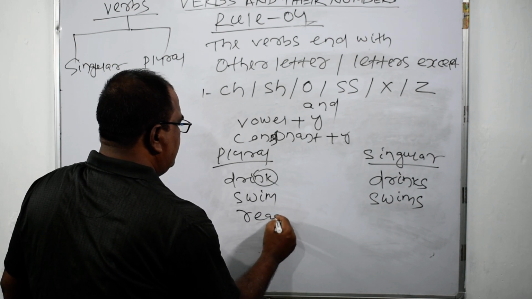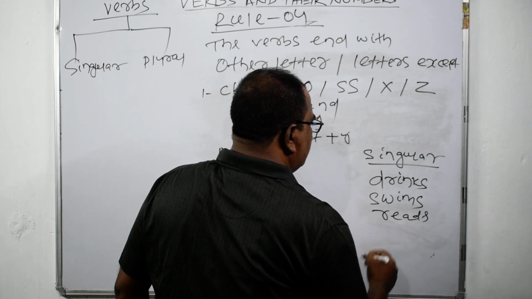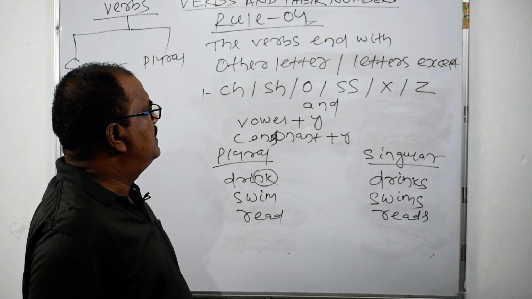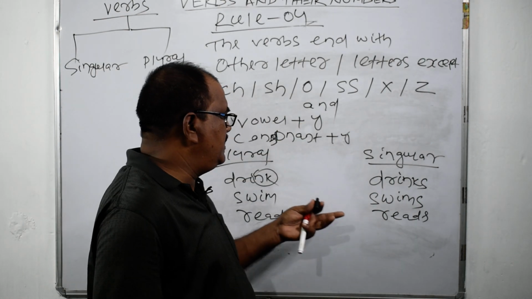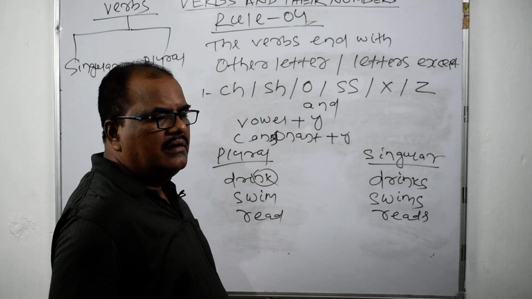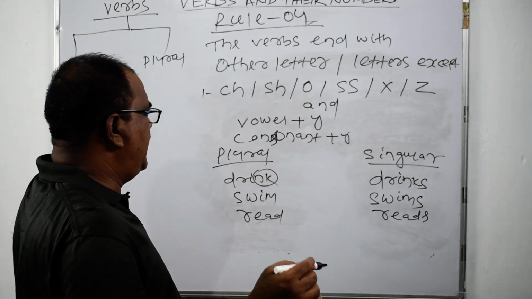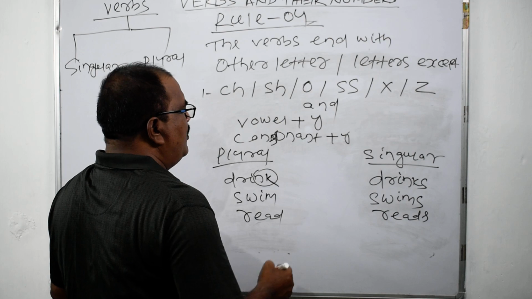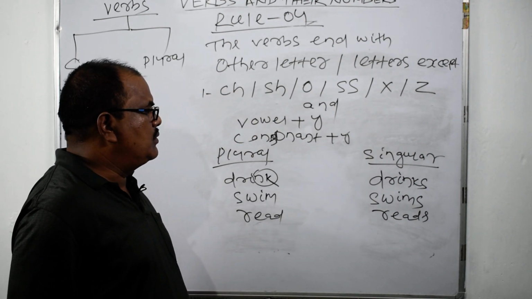Read. Its singular form is reads. It means except these letters, if the verbs end with other letter or letters, only s is added to the base form of the verb to make them singular.